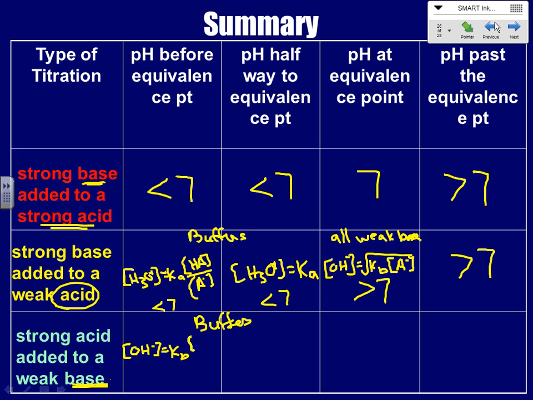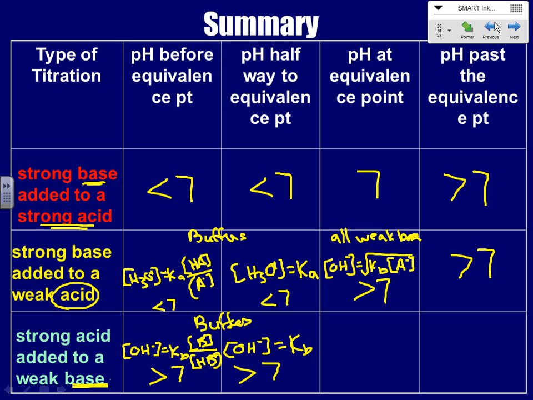OH− = Kb × concentration of B over the conjugate acid of B. At the halfway point, again, the B is equal to the HB. They cancel away. OH− is equal to the Kb. That's the shortcut. Again, both of these are basic, greater than 7 pHs.